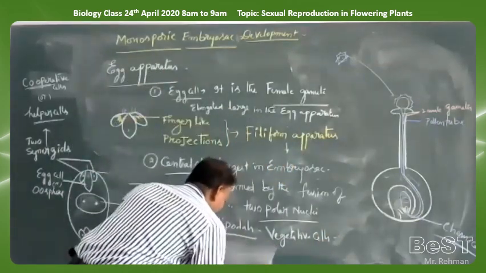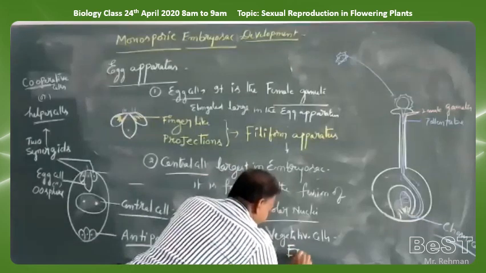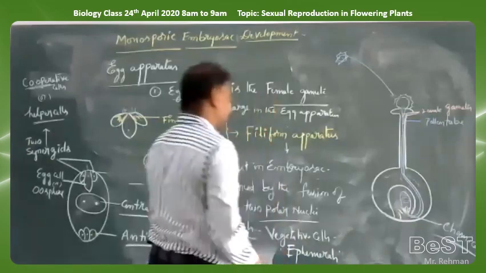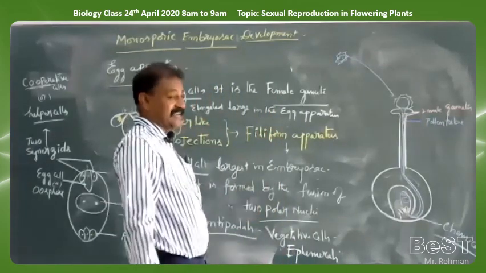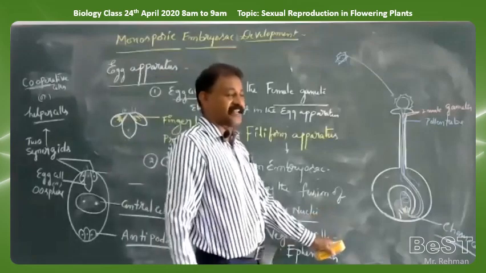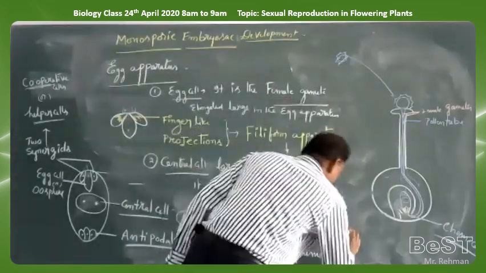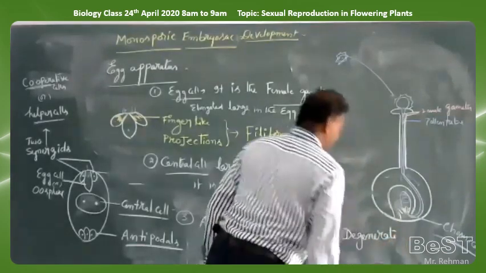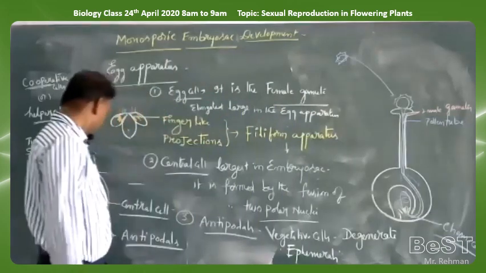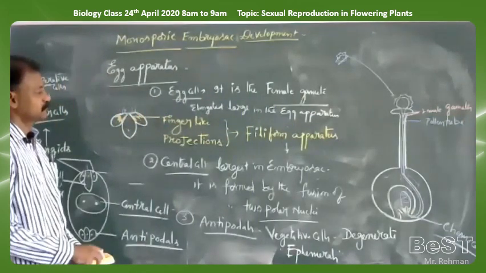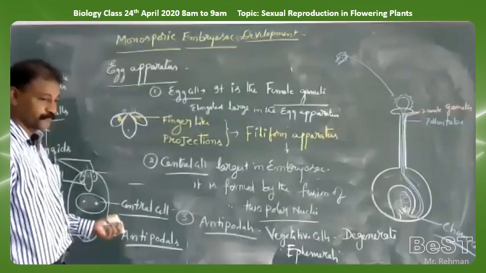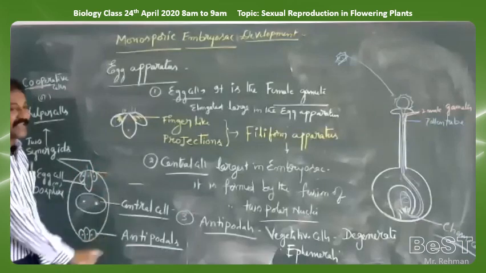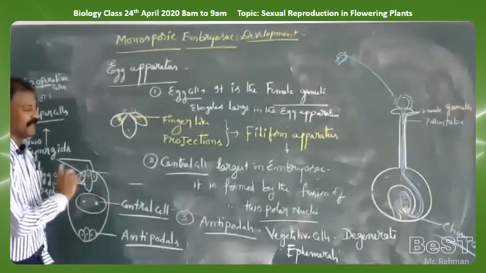Short living means ephemerals. They will disintegrate, disappear or degenerate just at the time of fertilization or after fertilization. So, this is the structure of the monosporic embryo sac or female gametophyte.